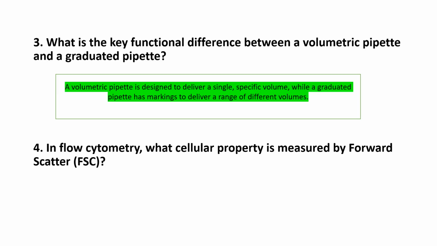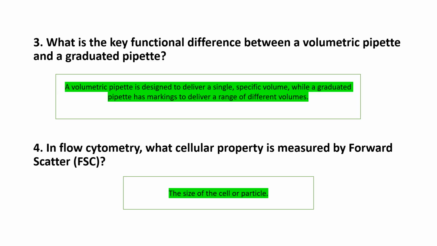Question number 4. In flow cytometry, what cellular property is measured by forward scatter? Okay, what cellular property is measured by forward scatter? So the side scatter, forward scatter, but specifically forward scatter. The cellular property that we measure here is the size of the cell or particle.